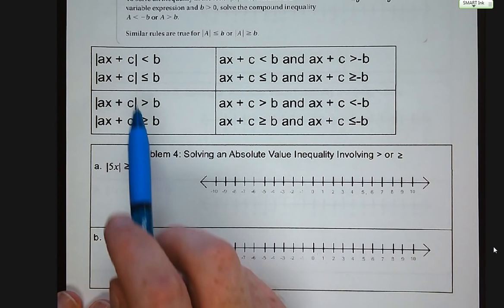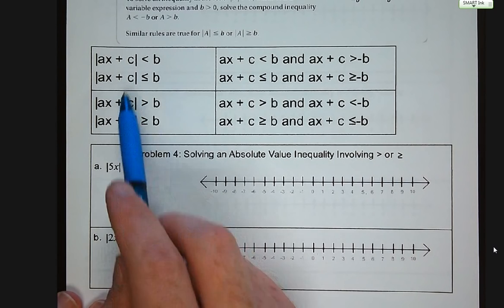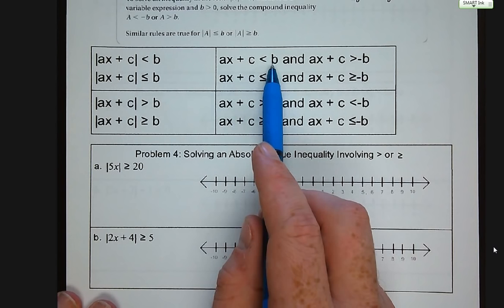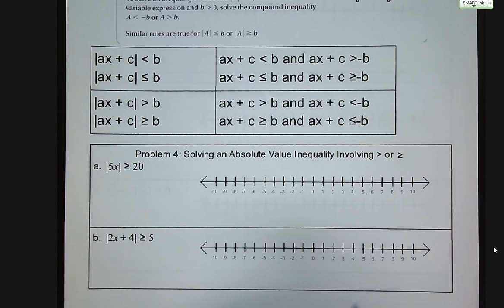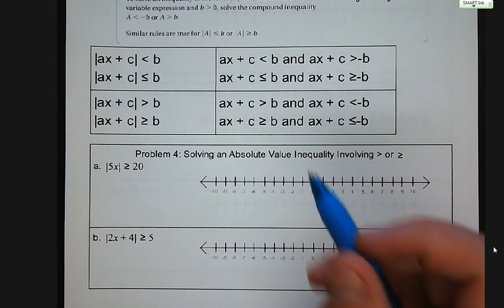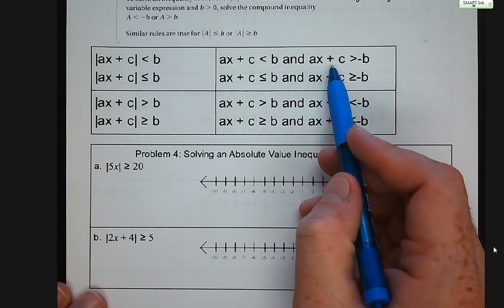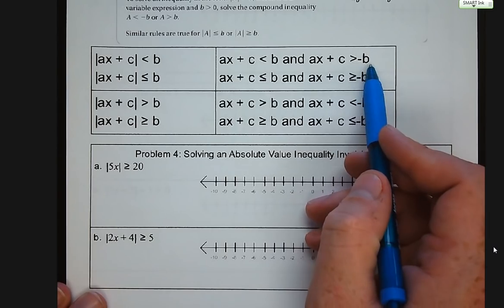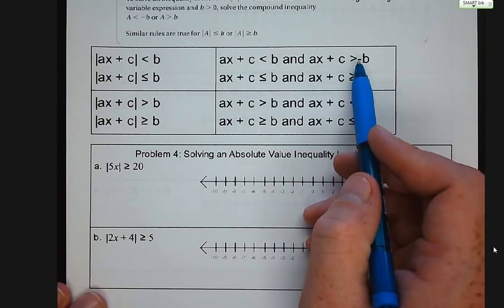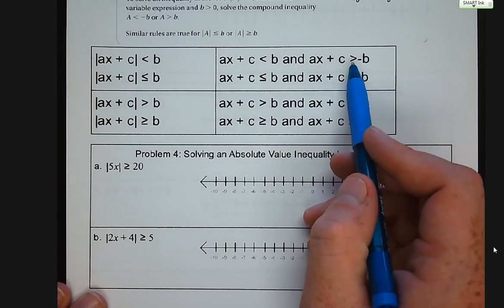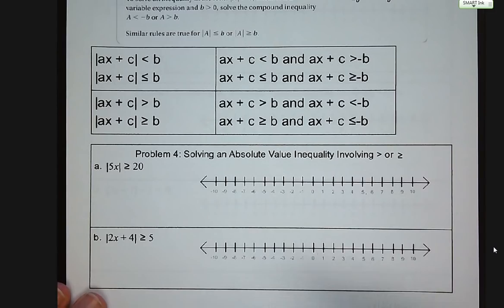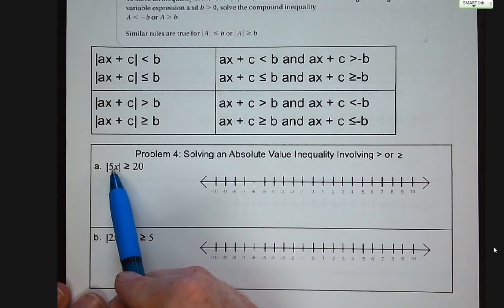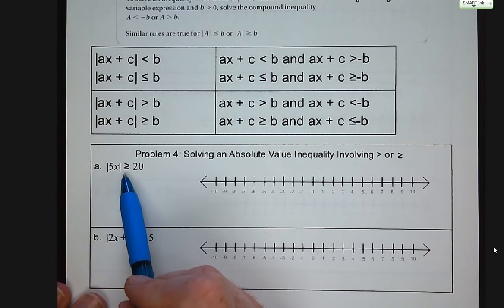So if we're less than b, we would write it as ax plus c is less than b. So just like the equation, we just dropped the absolute value bars and kept it the same. And then our second piece was ax plus c is going to be greater than negative b. So take the opposite of whatever b is, and whenever we take the opposite of something, we're dealing with negatives, we got to flip our inequality symbol. All right, so that makes sense. We're saying that the distance away has to be greater than or equal to 20.